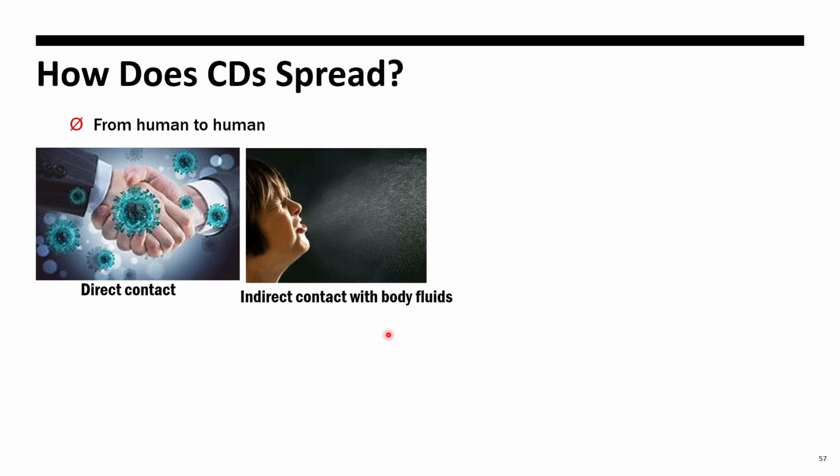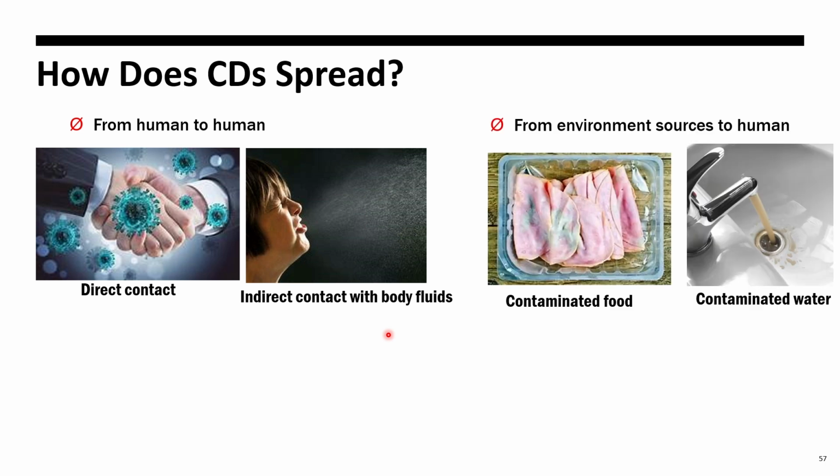So, how does a CD spread? One way is from human to human. It can be by direct contact. If you shake hands or touch someone, you can get the disease, or by body fluids. Or it can be indirect, if you sneeze or cough, and with air droplets the pathogens can go outside. The second way is from environmental sources.